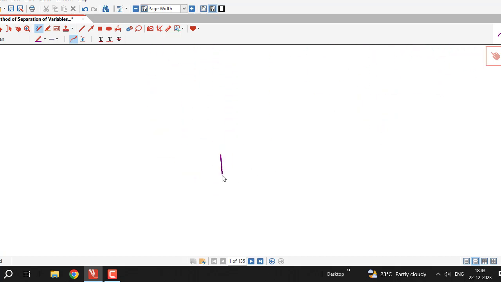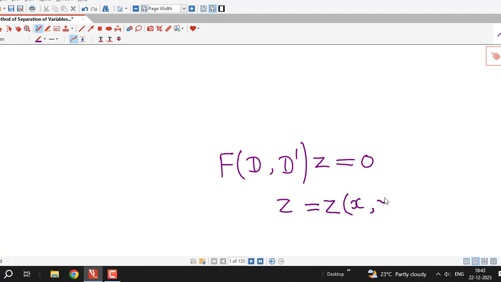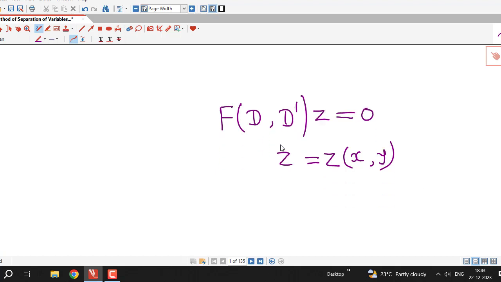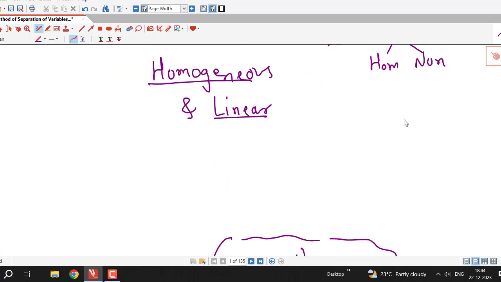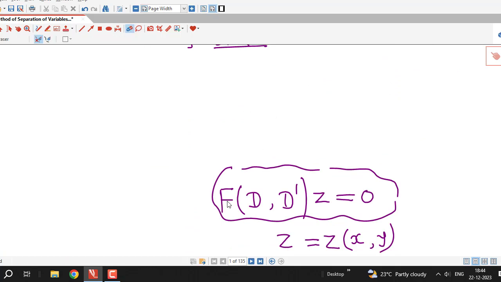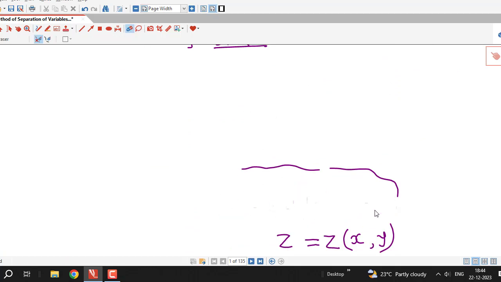The general form of a homogeneous linear partial differential equation, which we wrote in the earlier lecture series, is f(D, D') z equal to 0, where z is a function of x and y. So we are interested in the solution of a homogeneous linear partial differential equation using the method of separation of variables. In this lecture we will see how this method works and when it is applicable.